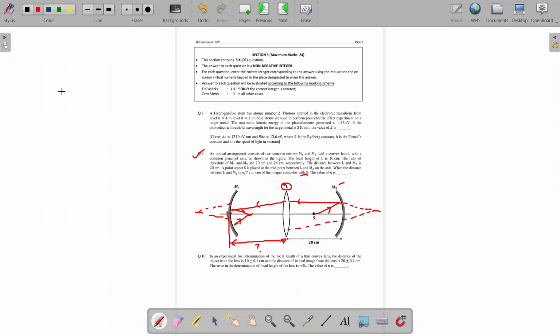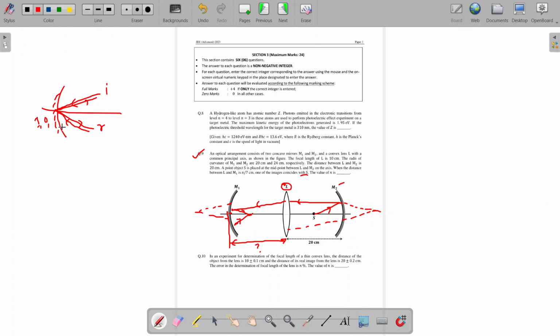What happens when the ray of light goes to the pole of the mirror? If the ray of light goes to the pole of the mirror, it gets reflected at the same angle. So if this is the incident ray, this would be the reflected one. In the same way, if this is incident, it will get reflected like this. So clearly we can see that the object and the image are formed at the same position. So this is what we are aiming for.